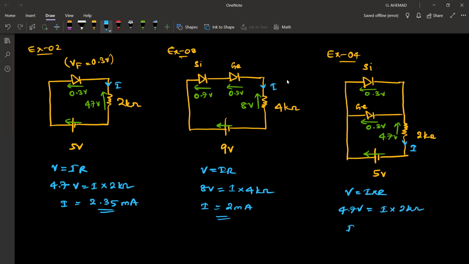So I is equal to 2.35 milliamperes. Okay. Is the idea clear?